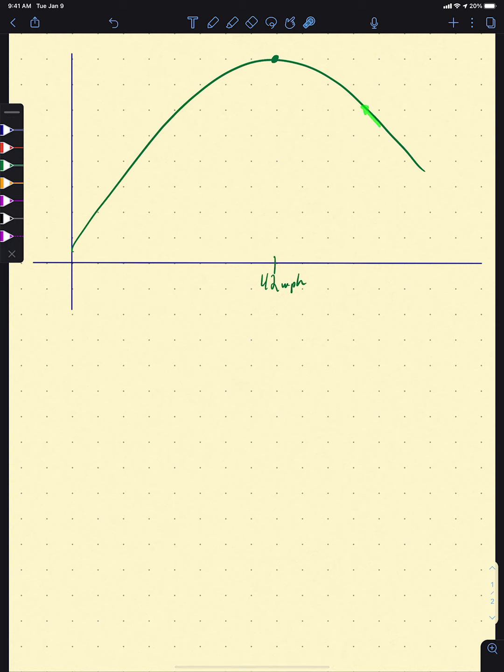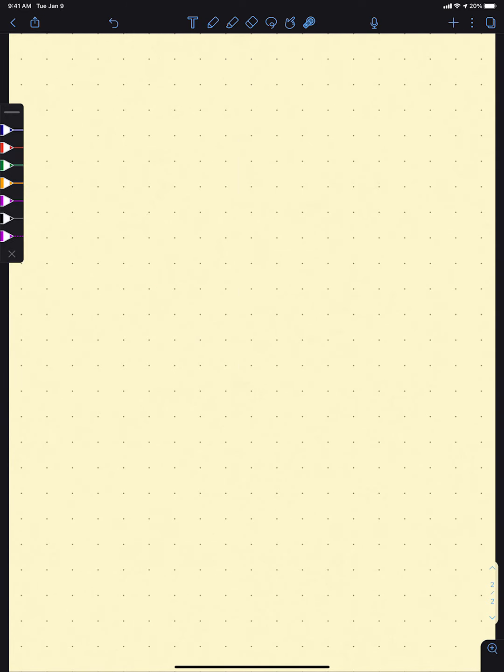Here, if you go faster, it decreases. Okay, and we're interested in seeing if we can use these ideas of increasing and decreasing to study other functions. And in order to do that, we do need a formal definition for increasing and decreasing, and those are going to look more or less exactly how you would expect.